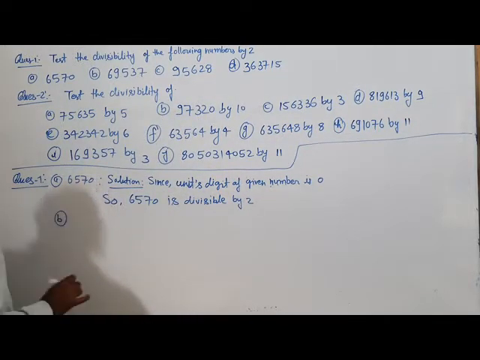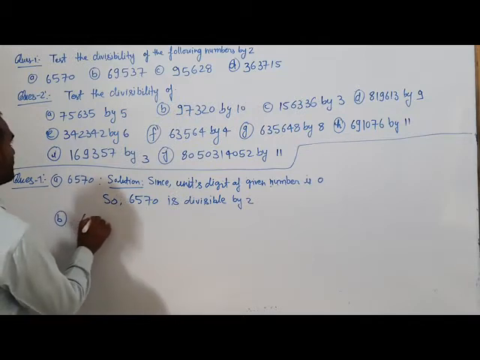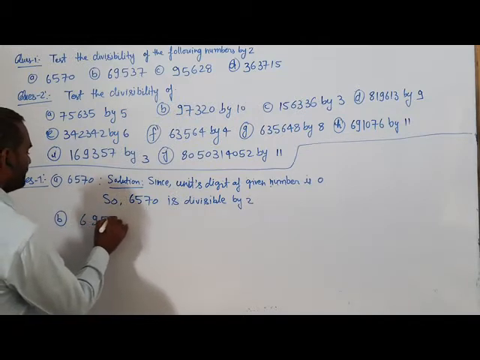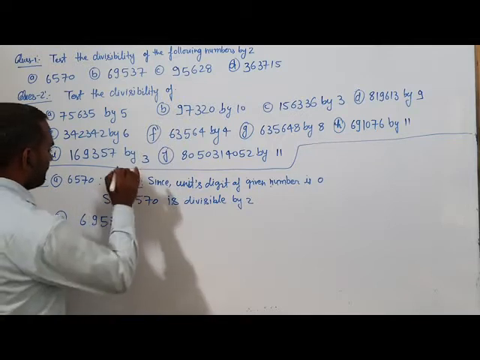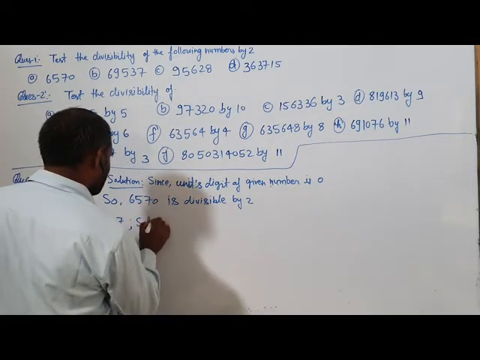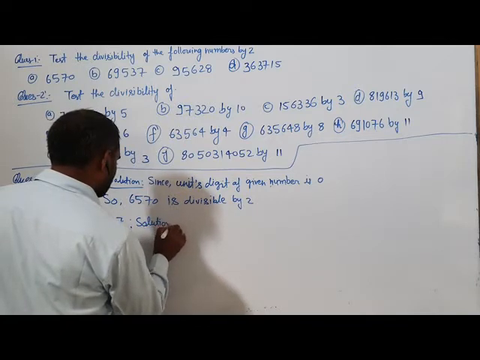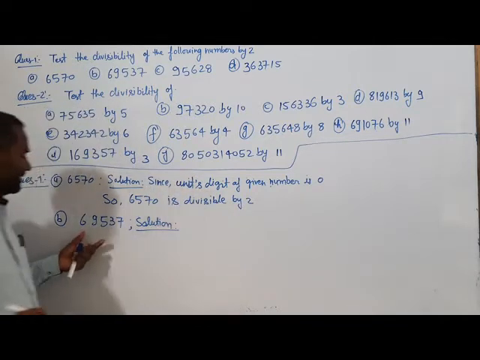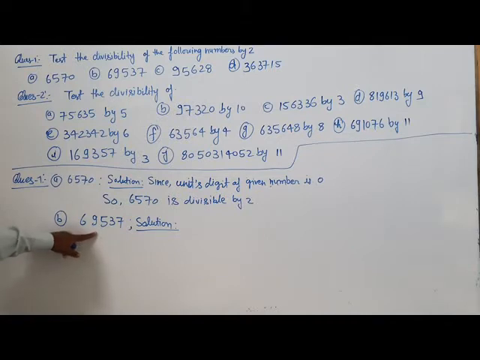B. What is B? 69,537. Solution. Here you have to test this number. Here we see that the unit place is not 0, 2, 4, 6, 8.